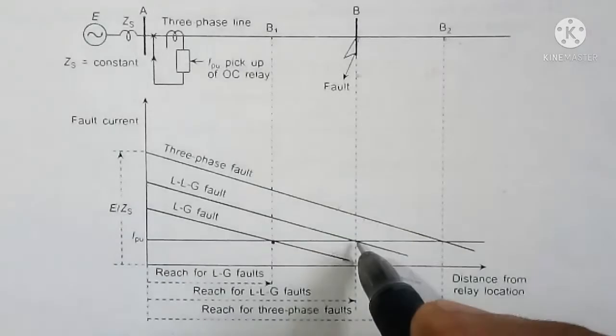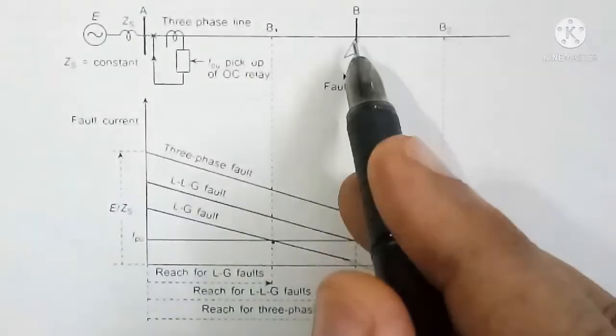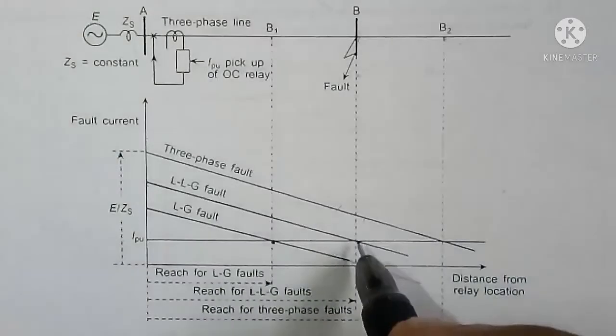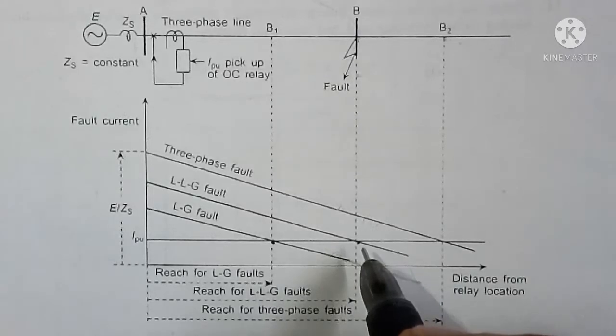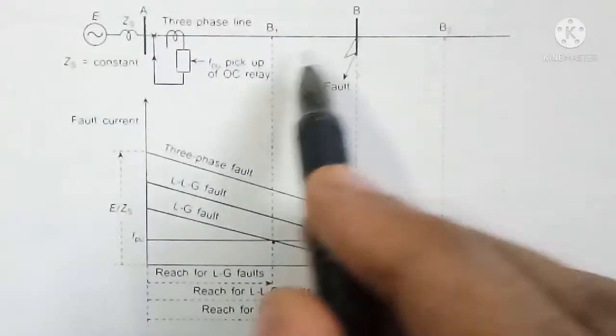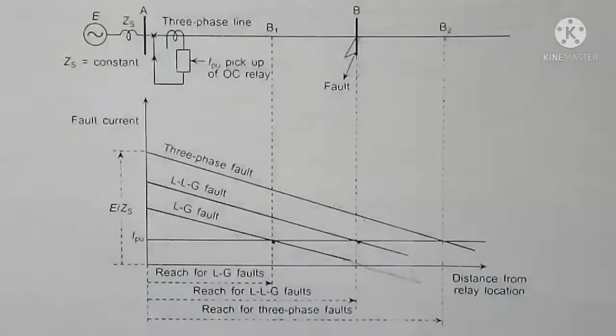When relay is set to operate for any fault up to bus B, taking 2LG fault current as pickup current at bus B, then the relay won't operate for LG fault occurring between bus B and point P1 on transmission line.